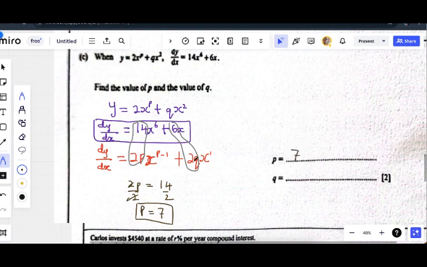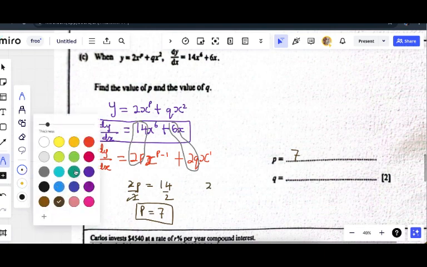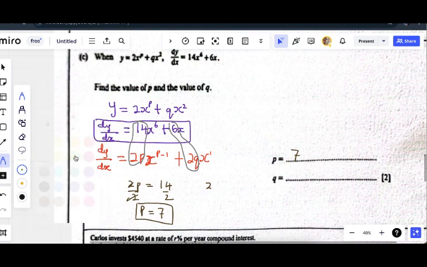Now let's find q. Let's change the color. We say 2q is equal to 6. So to find q, divide here by 2, also divide here by 2. So q equal to 3.